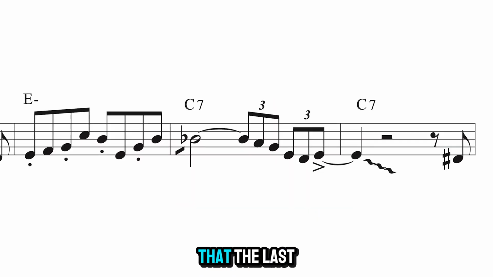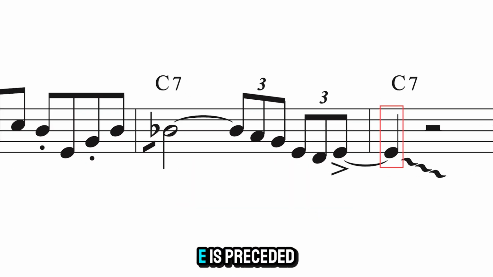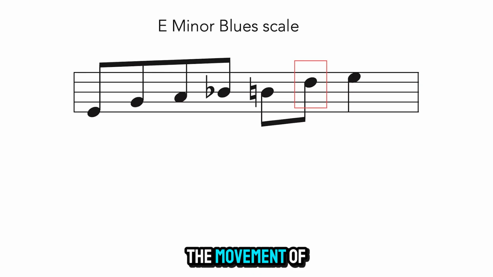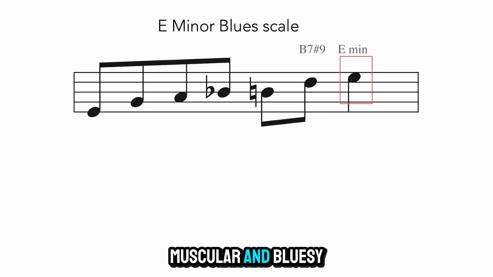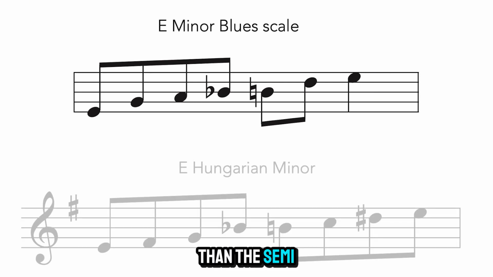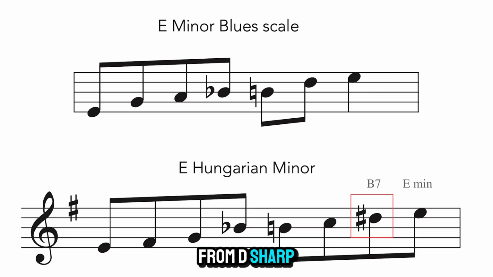It is extremely important to appreciate that the last note of the phrase, E, is preceded by the D natural, a tone away, the minor 7th note of E minor. The movement of a tone from D to E is way more muscular and bluesy than the semitone from D sharp to E.